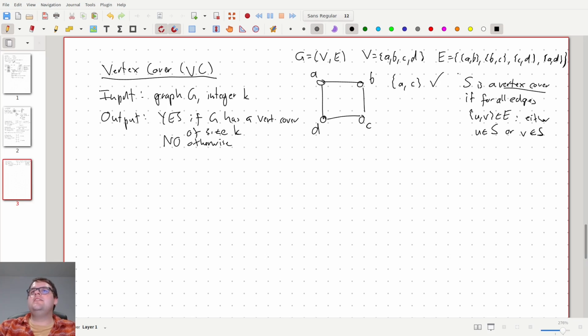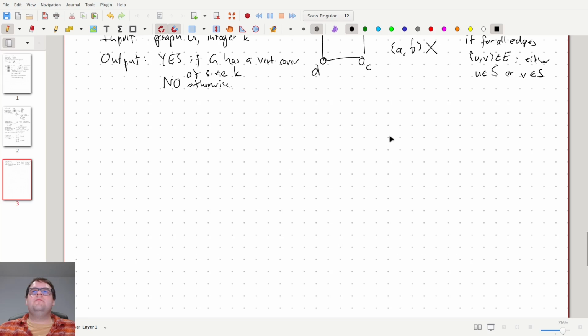So each edge needs to have a representative in the vertex cover, in the set of nodes there. So then, for example, AB is not going to be a vertex cover because the edge CD doesn't have a representative in there. Neither C nor D is in the vertex cover here, right? Cool, that's the vertex cover problem.